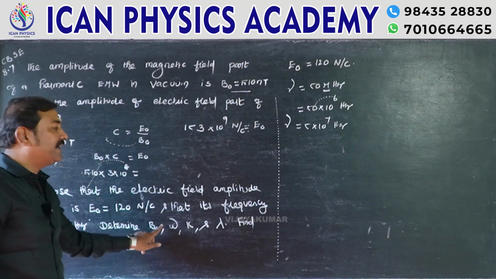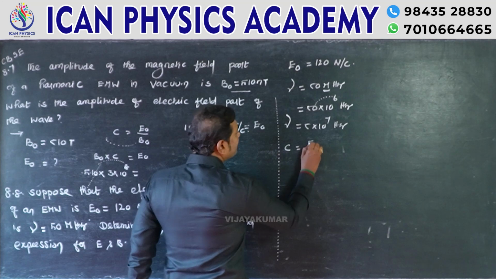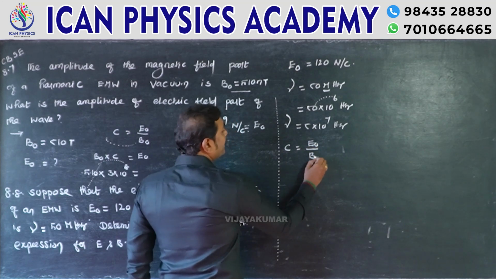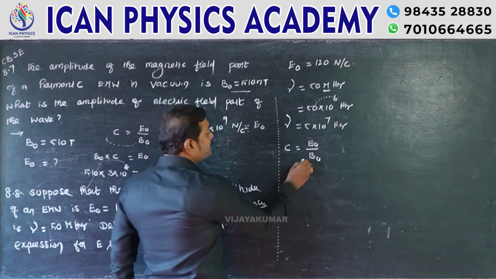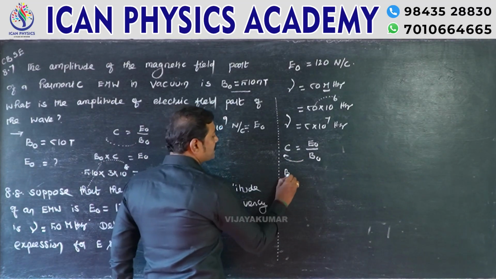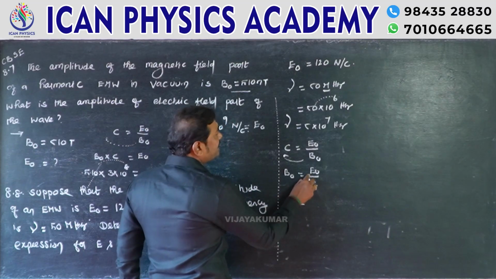First I am going to calculate B naught. C equals E naught by B naught, so B naught equals E naught by C. What is E naught?